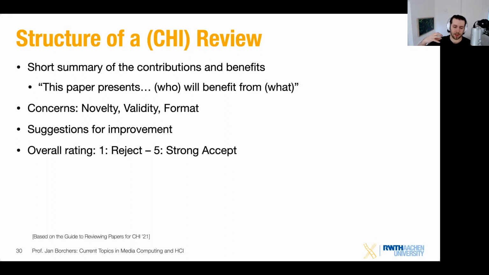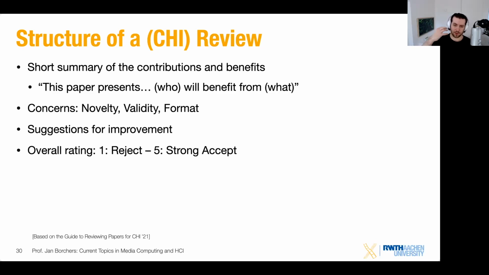This means, for example, that your suggestions for improvement could be that they completely redo the study, which is not feasible within the time frame between reviewing the paper and the actual publication at the conference. So usually you say, I see a point where this paper is valid or beneficial for the research community, but I fear that the improvements that have to be made to get the paper to this point are not possible within the time frame.